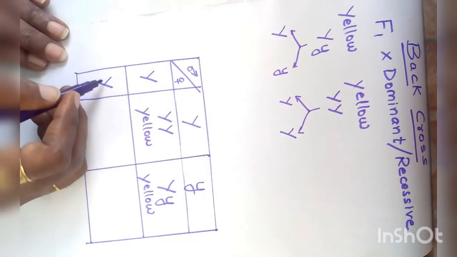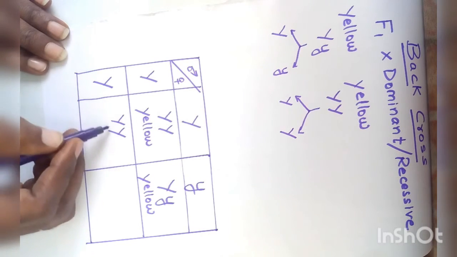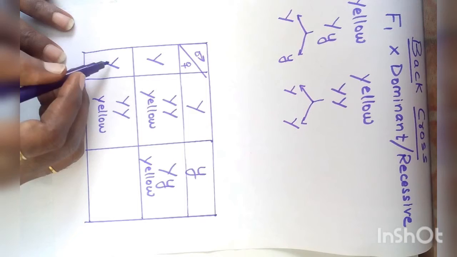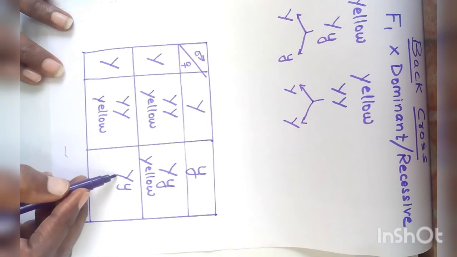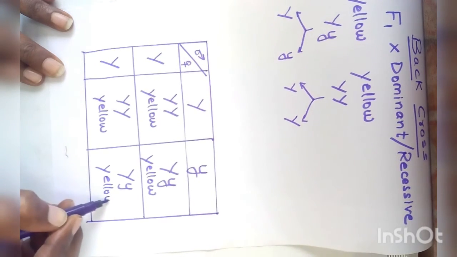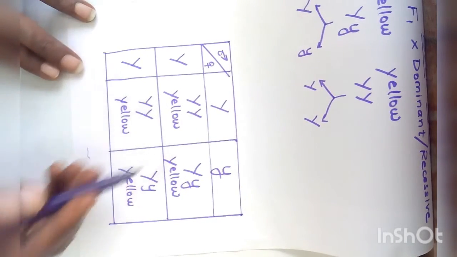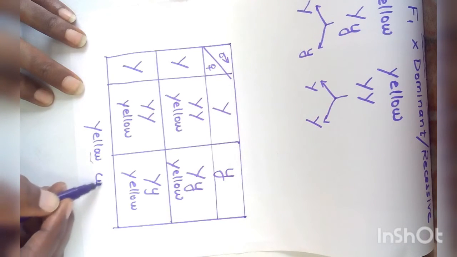What will be the next one? Capital Y crossed with capital Y. The phenotype will be, the plants will have yellow color seed. Same thing for this also, capital Y and small y. Since one is capital, the plants will have yellow color seeds. So this shows that all the plants are having yellow color seeds.